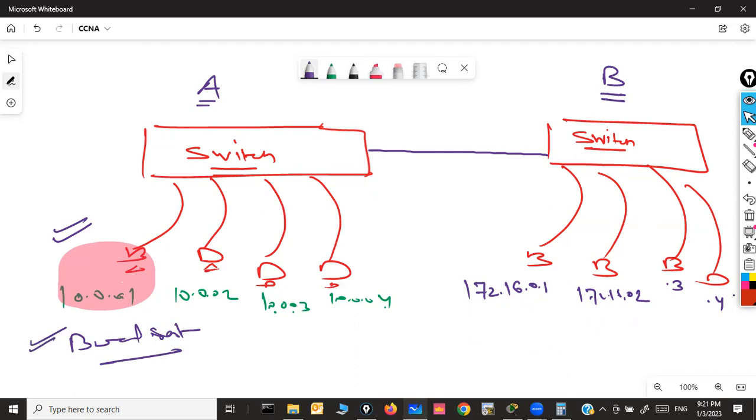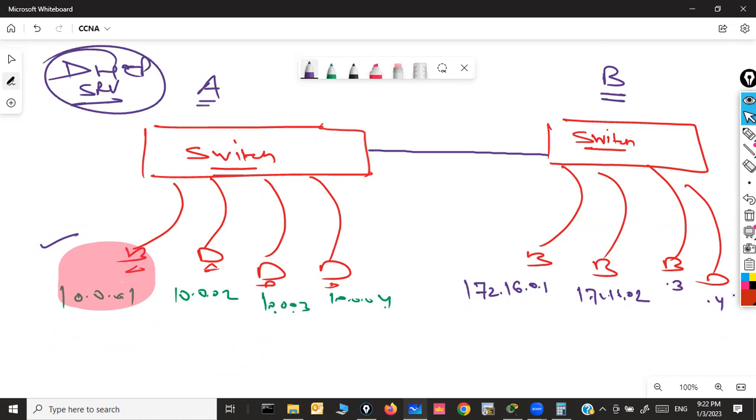I will explain tomorrow some of the important broadcast messages, like ARP, address resolution protocol, and DHCP broadcast. For example, let me give you a very high level overview. Let's say computer one, 10.0.0.1, has no IP address assigned statically, because we have a server in our network known as a DHCP server.